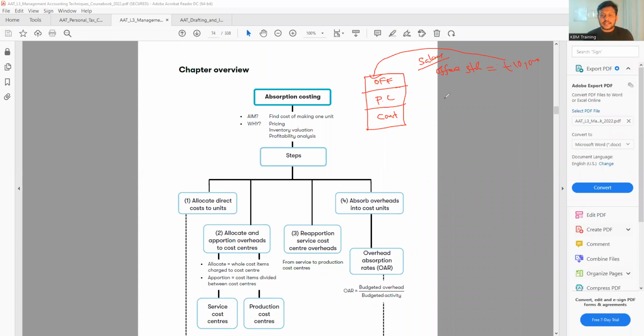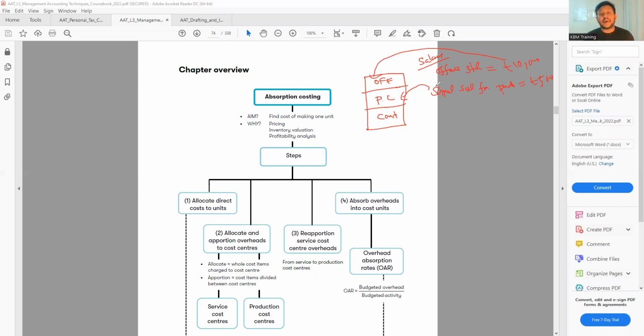And then the next thing, for example, supervisor salary for production, 5,000. Now I know this 5,000 belongs to the production department. So I allocate 5,000 to the production department.